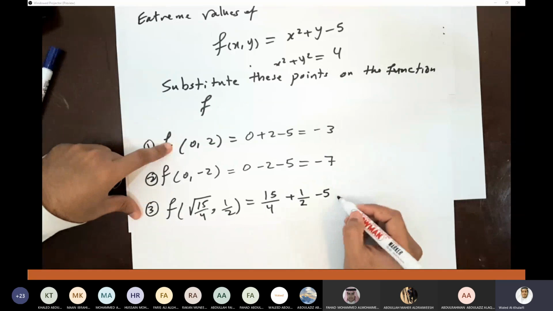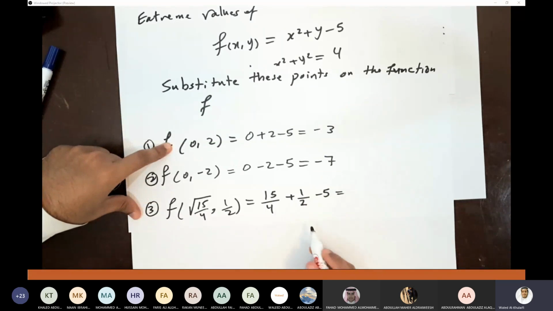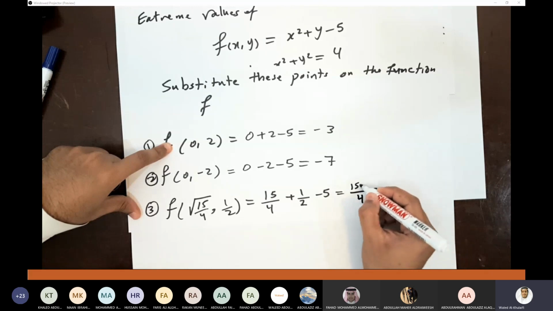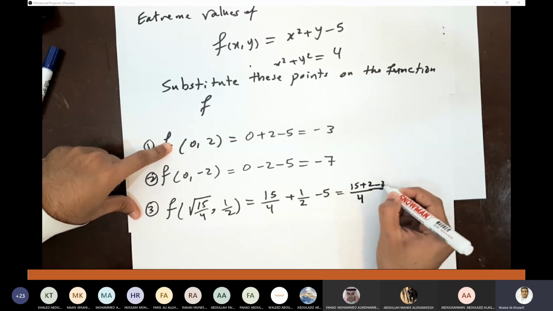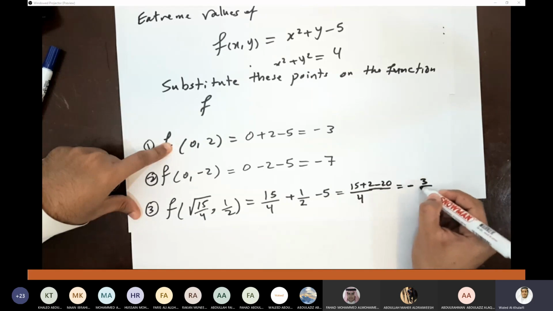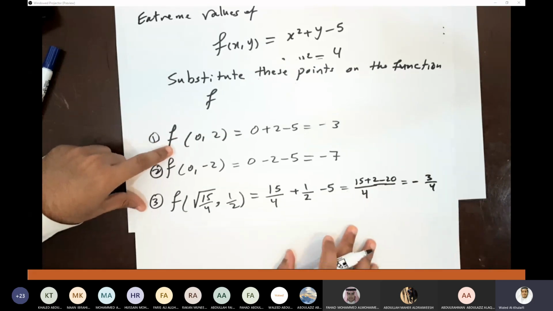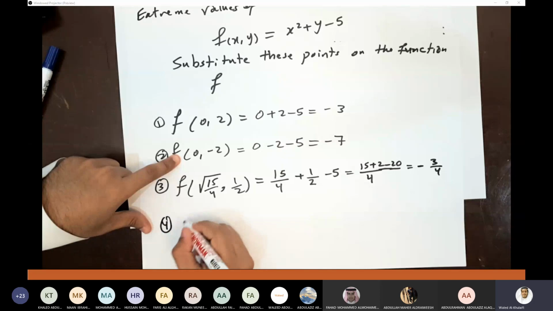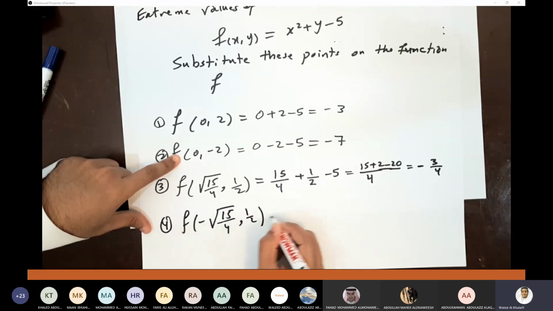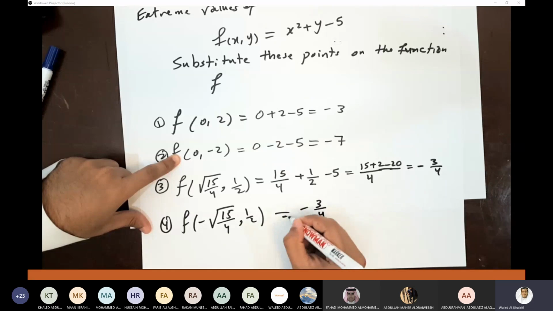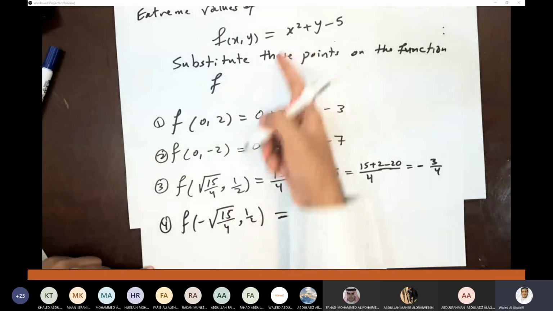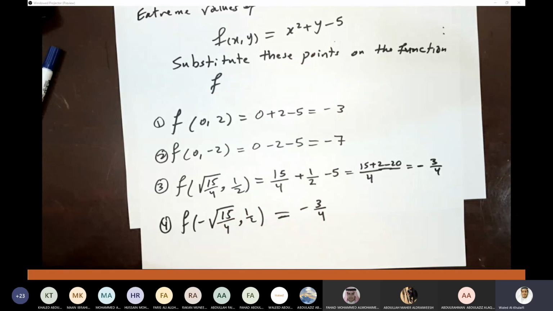Okay, which is equal to, now this is over 4, now 15 plus 2 minus 20, right? So it will be minus 3 over 4. Okay, طيب number 4, f of negative of this guy will give me the same number, right? There is a square, so it doesn't matter.